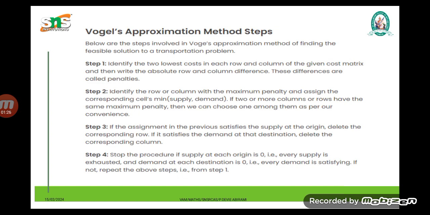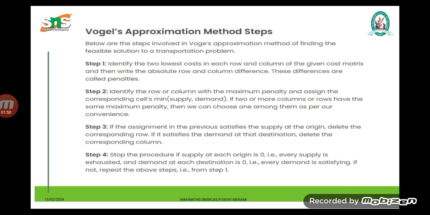Identify the maximum penalty and assign to the corresponding cell the minimum supply or demand. If two or more columns or rows have the same maximum penalty, then we can choose one among them as per our convenience. Step 3: if the assignment in the previous step satisfies the supply at the origin, delete the corresponding row.